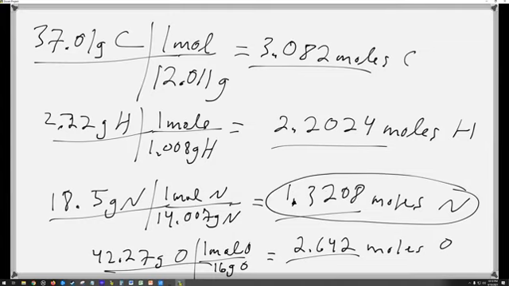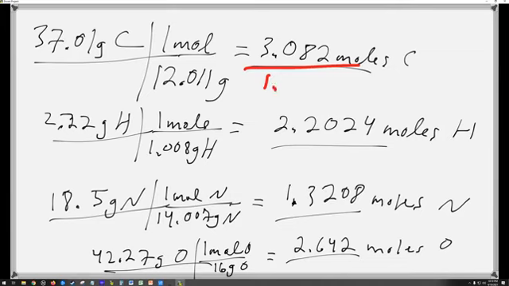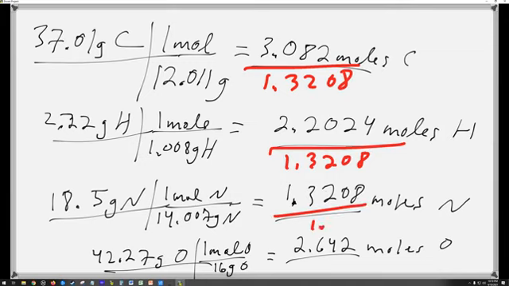Right? So we're going to divide all of them by that small number. Divide by 1.3208. Divide by 1.3208. Divide by 1.3208. Divide by 1.3208. Let's see what we get. And part of the reason I'm doing this one is because it gives us something weird.